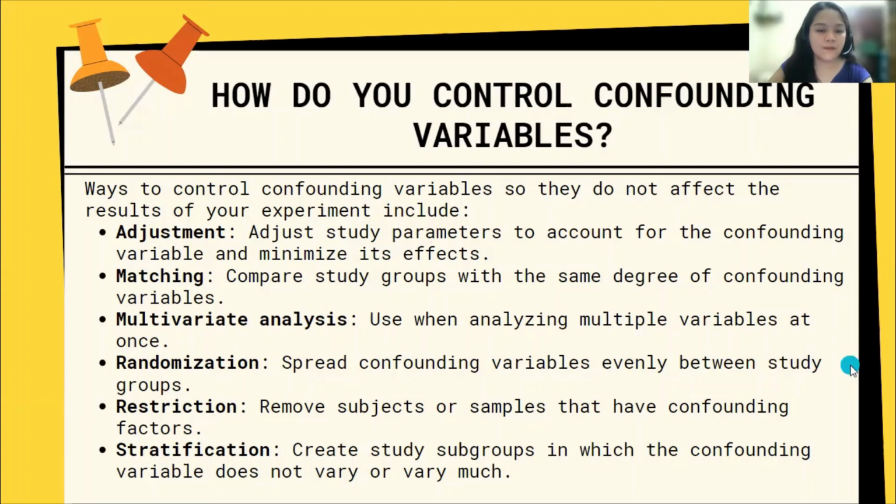Create study subgroups in which the confounding variable does not vary or vary much. So these are the ways to control your confounding. You need to adjust, you need to match, you need to have multivariate analysis, randomization, restriction, and stratification.